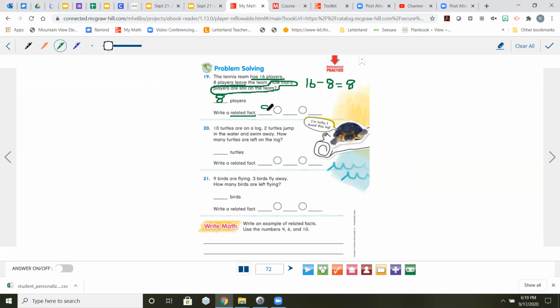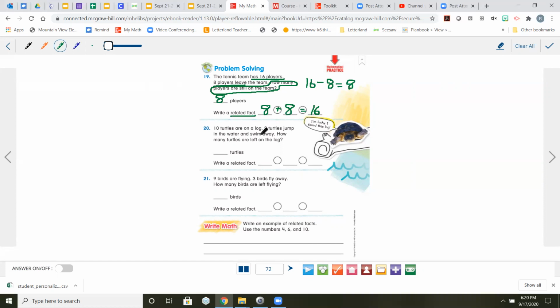So I'm going to write a related fact, not the one that solved the problem, but one that's related to it using those same 3 numbers. So the lines are for you to put numbers on, and the circles are for you to put the signs in to show what you're doing in the related fact.